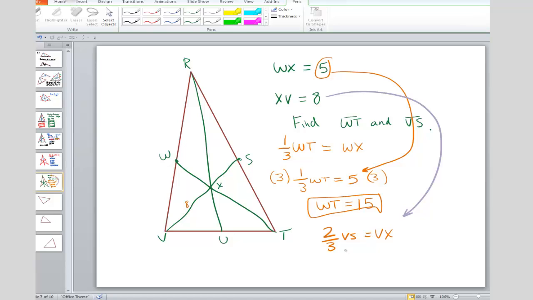We end up getting 2/3 VS equals 8. We're going to multiply both sides by 3 to cancel these out. We end up getting 8, 16, 24. So we get 24, and that is set equal to 2 VS. So divide by 2, and we end up getting VS is equal to a total of 12. And we have our answer.